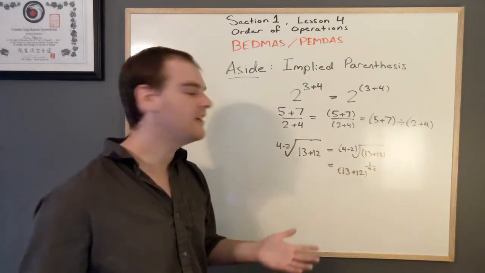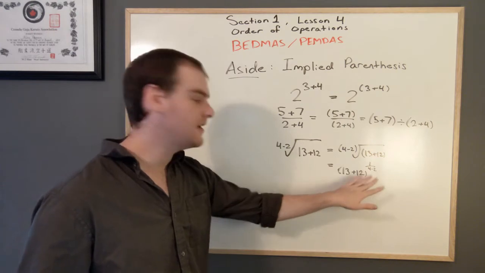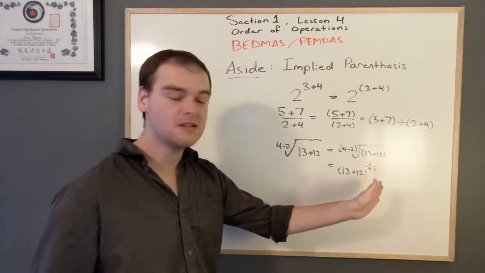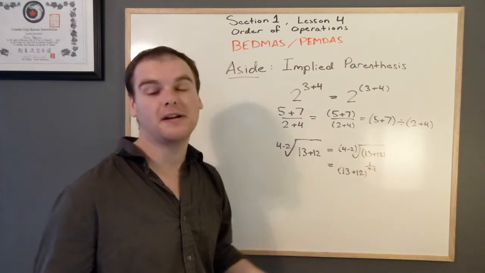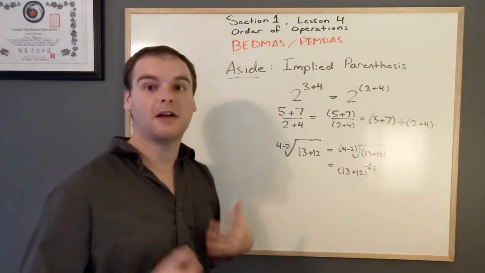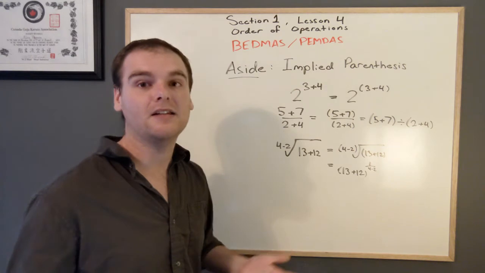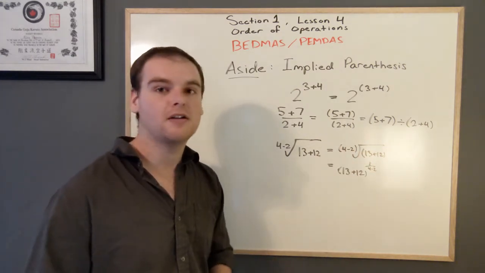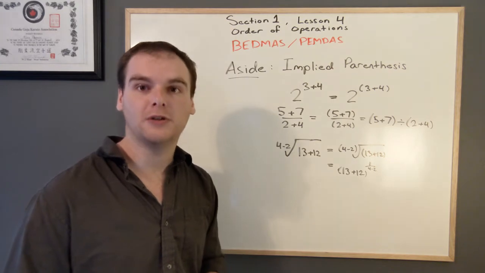So if you're working left to right, then I suppose you would evaluate the base first, 13 plus 12, and then you would evaluate the exponent, which is 1 over 4 minus 2, to get whatever that root is. But again, these two brackets are independent of each other, so it doesn't matter. You can evaluate them in whatever order you like.